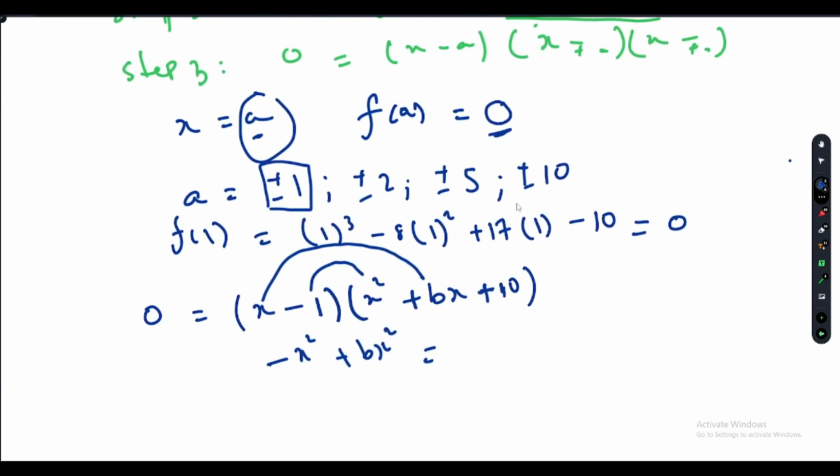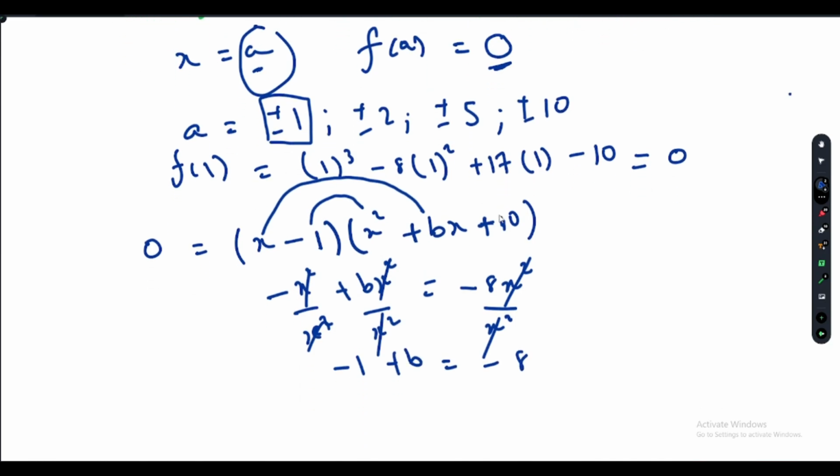So this is equal to minus 8x squared. If we divide all the terms here by x squared, the x squareds would cancel off, and we'll be left with minus 1 plus b is equal to minus 8, which means that b, solving this linear equation, is equal to minus 7.